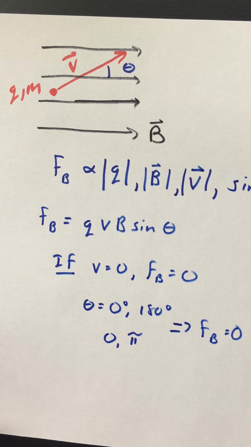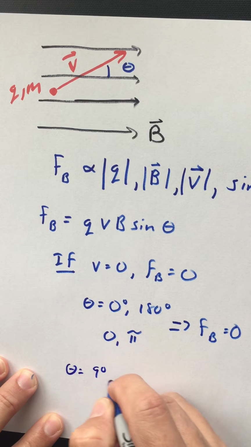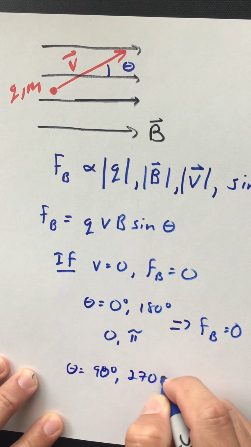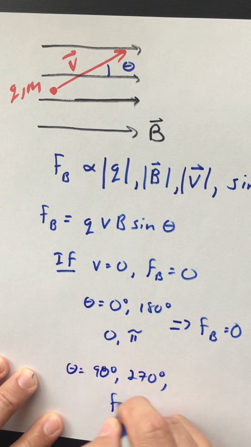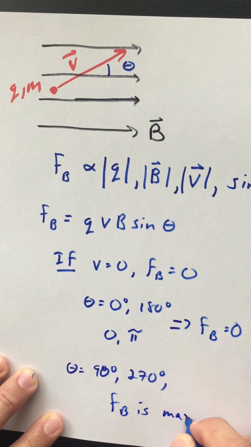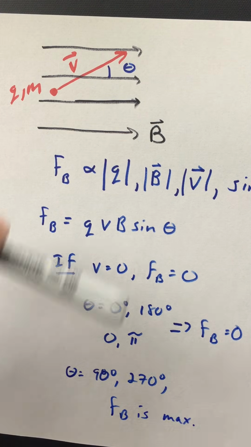And notice also what that means. If theta is equal to 90 degrees or 270 degrees, that force is maximized because it's proportional to sine theta.